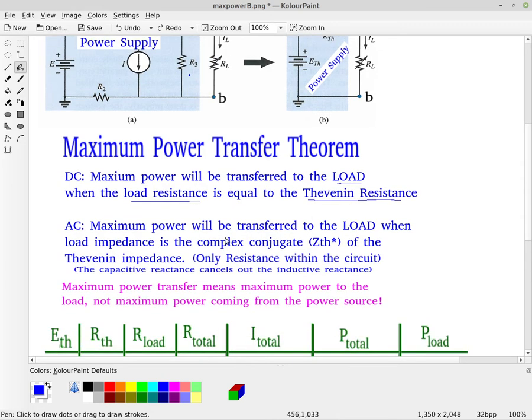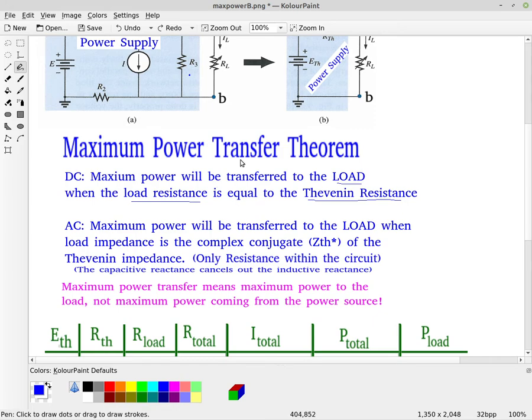Now for AC, you may also have some capacitors and inductors in there, so you have a full impedance with the reactance. You might have some capacitive reactance and some inductive reactance.